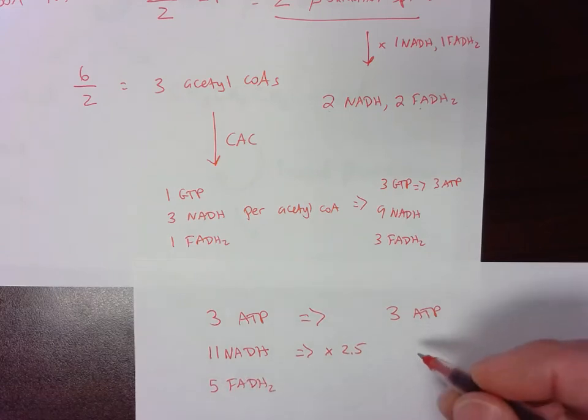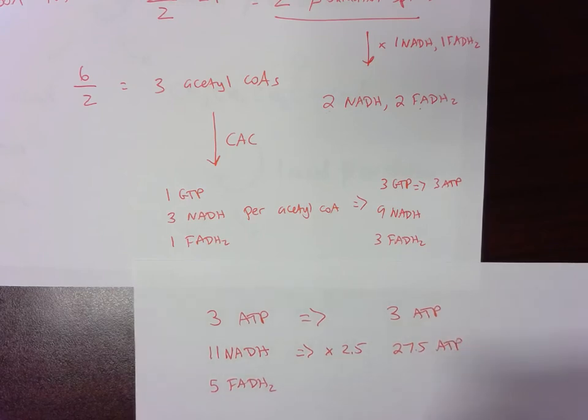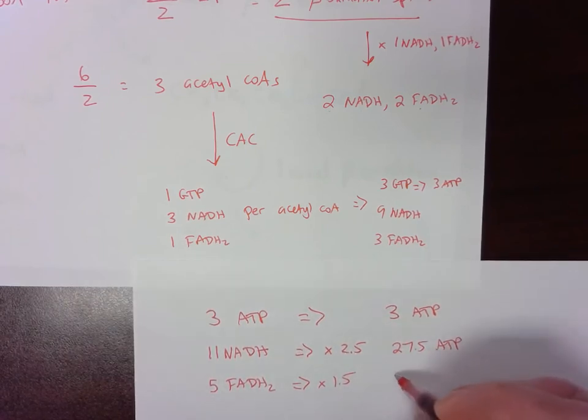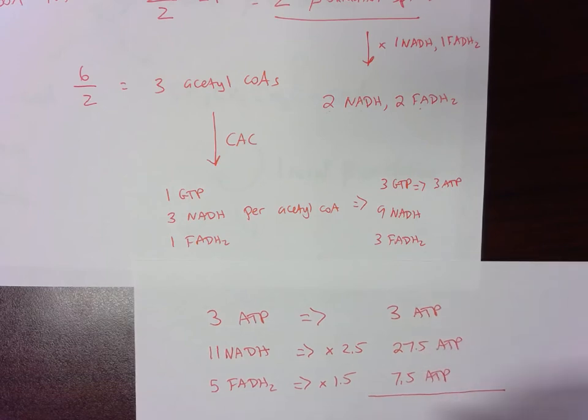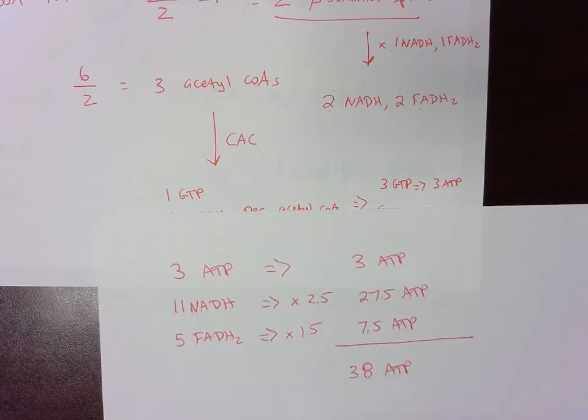So 11 times 2.5 is going to be 27.5 ATP. And then 5 FADH2s times 1.5 will give us 7.5 ATPs. We add all this together and we end up with 38 ATPs.